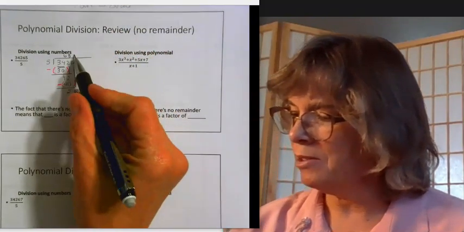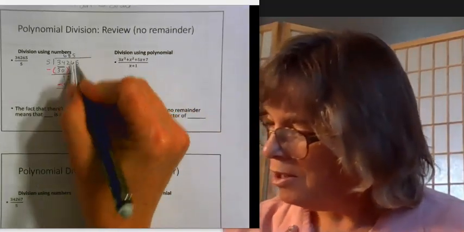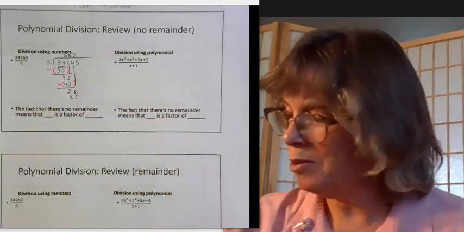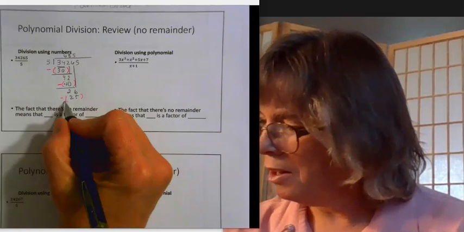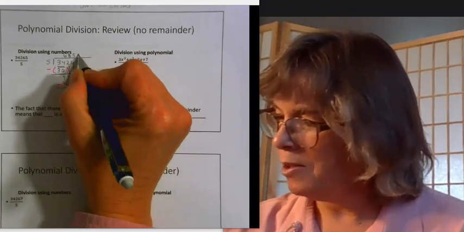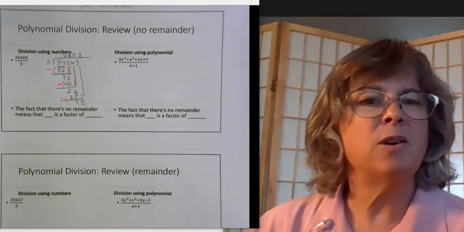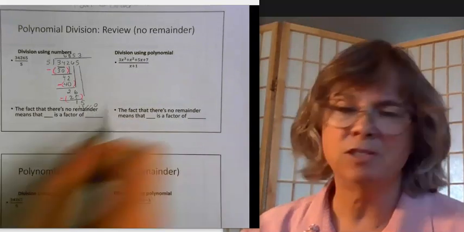And you might say now something times 5 gives you something less than 26. You guys get the pattern. So I get 25, and now I'm going to subtract, and I get 1, and I bring down the 5, 15, and you might say 3. So 3 times 5 is 15, and I subtract and I get a 0 there.